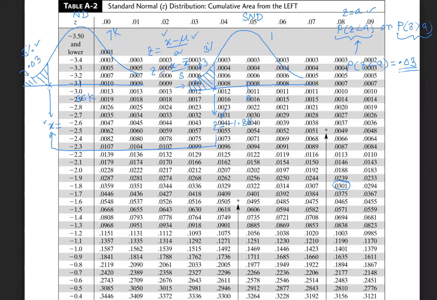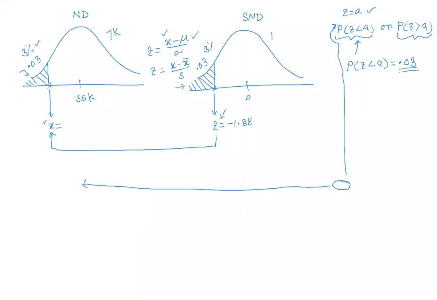This row gives you negative 1.8, and the column right here is 0.08. The way this table works is that you add these two numbers, 1.8 and 0.08. So 1.80 plus 0.08 gives you 1.88. All right, I understand. Thank you.